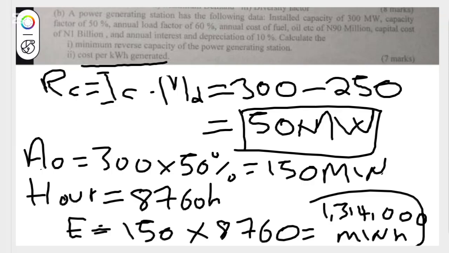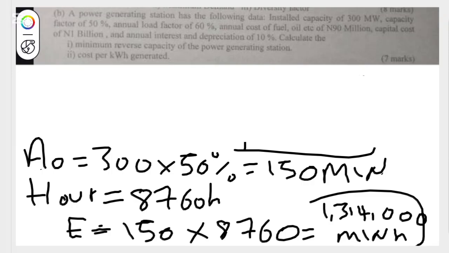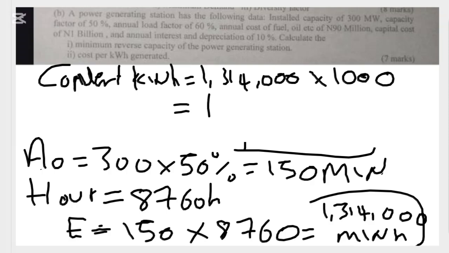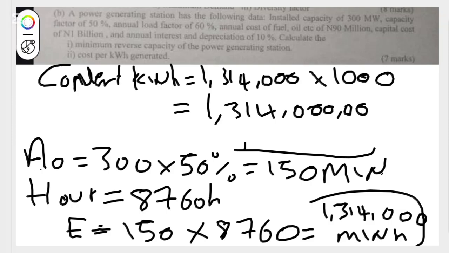To convert it, I'm just going to multiply it by 1000. So at the end I'll get 1,314 million kilowatt hours.